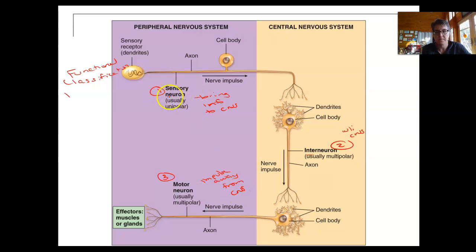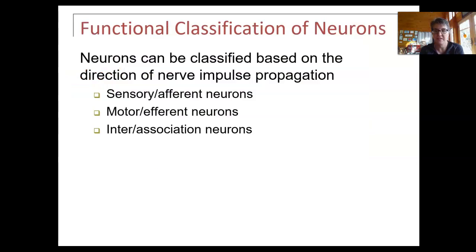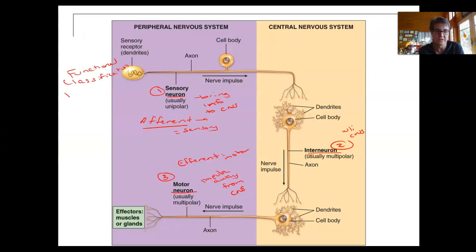Okay, so it's sensory neuron, interneuron, motor neuron. Now, sensory neuron has another name, afferent. So afferent is a sensory neuron. And motor is efferent. It differs from one letter. Okay, so I have sensory afferent neurons, motor efferent neurons, and then interneurons, also known as association neurons.